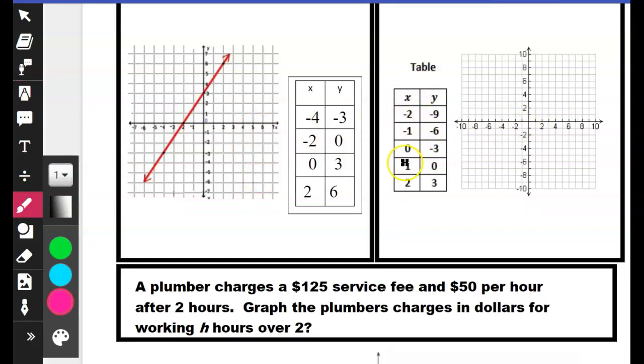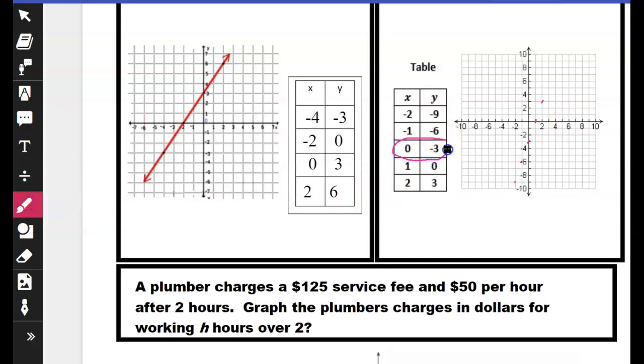This is in the left-right direction, so I start at 0 and go negative 2 and down 9, negative 1 and down 6, 0 and negative 3, 1 and 0, 2 and 3. Those are my points on my line.